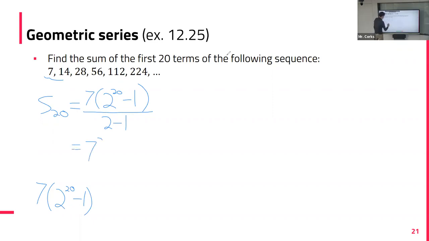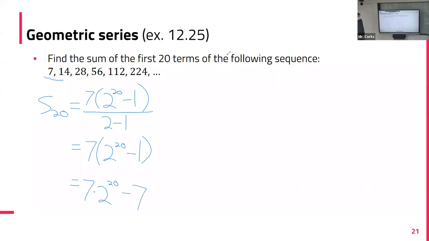So 7 times 2 to the exponent 20 minus 1. If I were to expand this a little bit, 7 times 2 to the exponent 20 minus 7. I know 2 to the exponent 20 is 1,048,000, but I don't remember the last little bit, 500 something maybe.